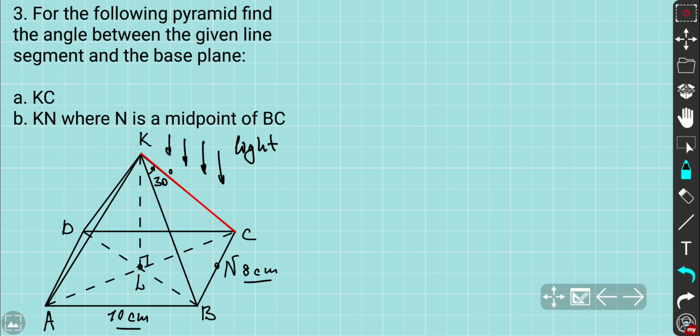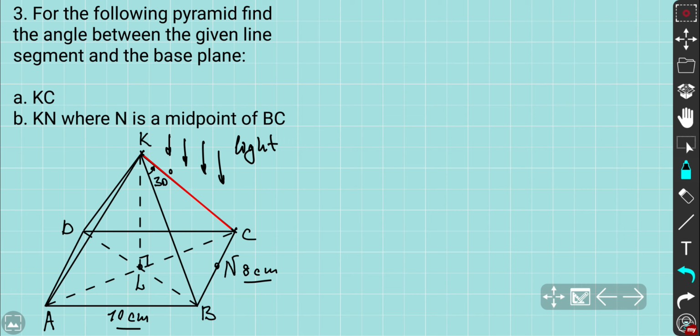If you shine the light on KC, the shadow goes from the point L, below the tip point K, to C itself, because C and the point where the shadow ends coincide. That is the shadow from the light.